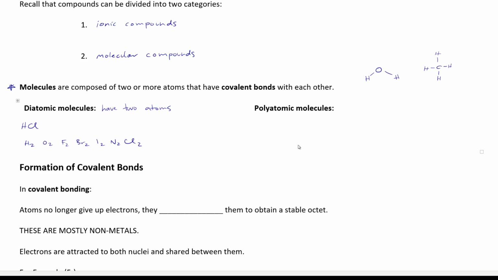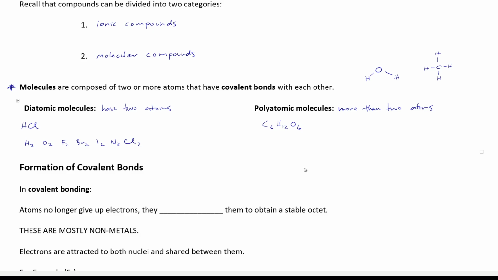Okay. Polyatomic molecules, however, are things with more than two atoms. So a polyatomic molecule could be, for example, glucose, which is sugar. As you can see, it's made up of three types of atoms, but altogether 24 atoms in total that are bonded together to make the molecule of glucose.